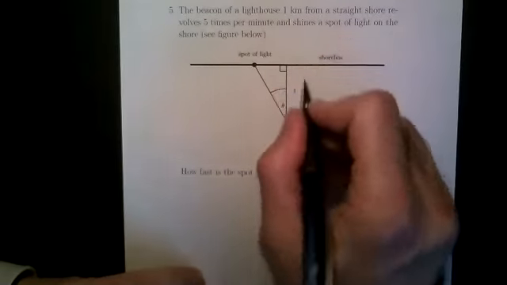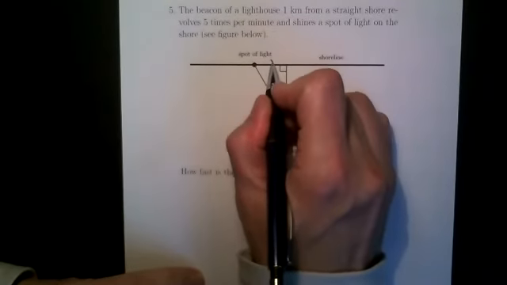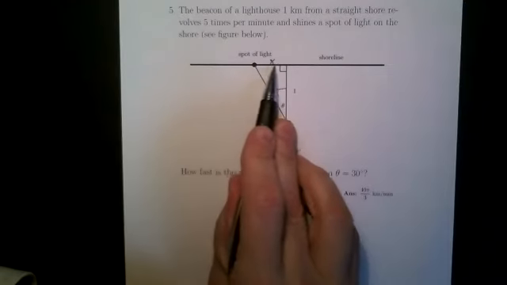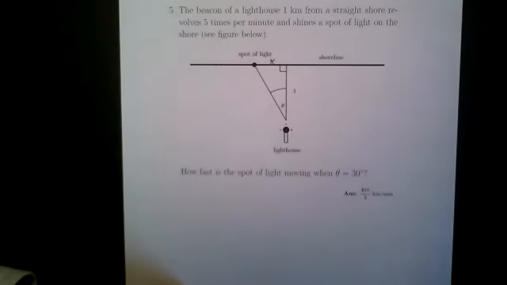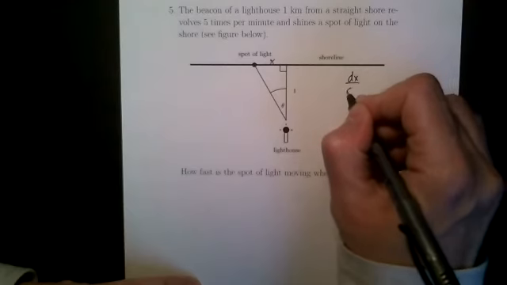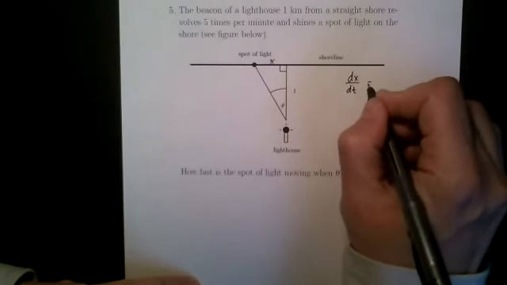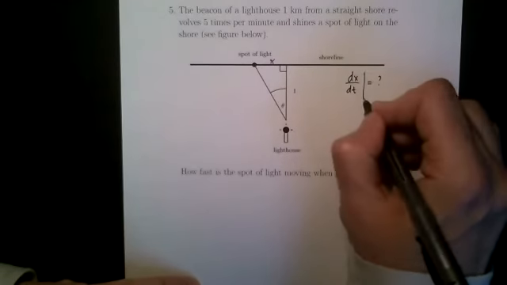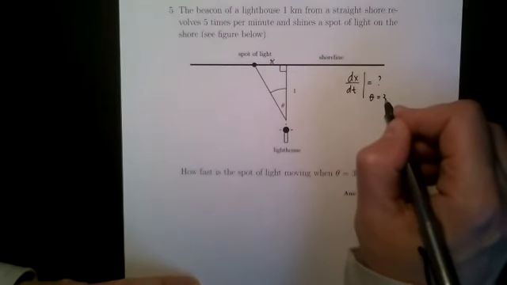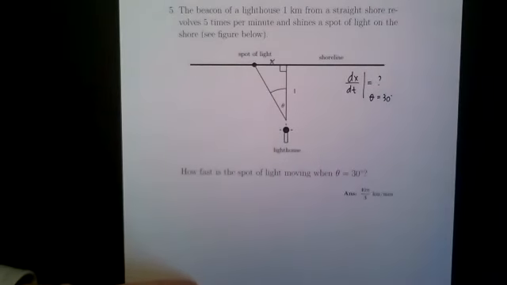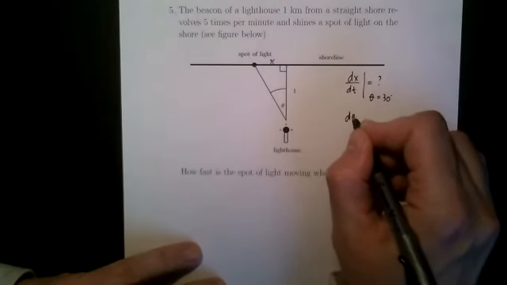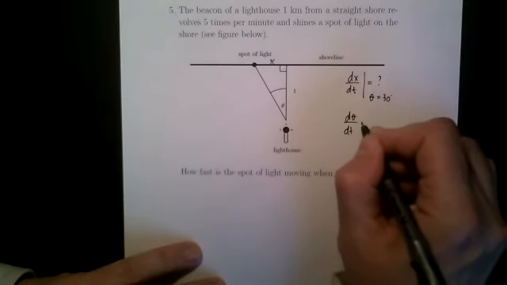This I'm going to call x, and of course I'm looking for dx/dt when the angle is 30 degrees. So when theta is 30 degrees, that's what I'm looking for. And what's given to me? d theta/dt is given to me.